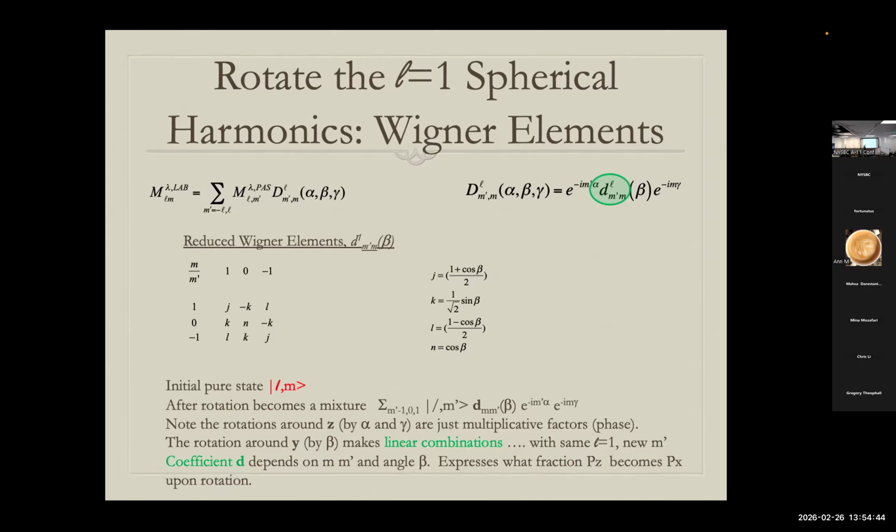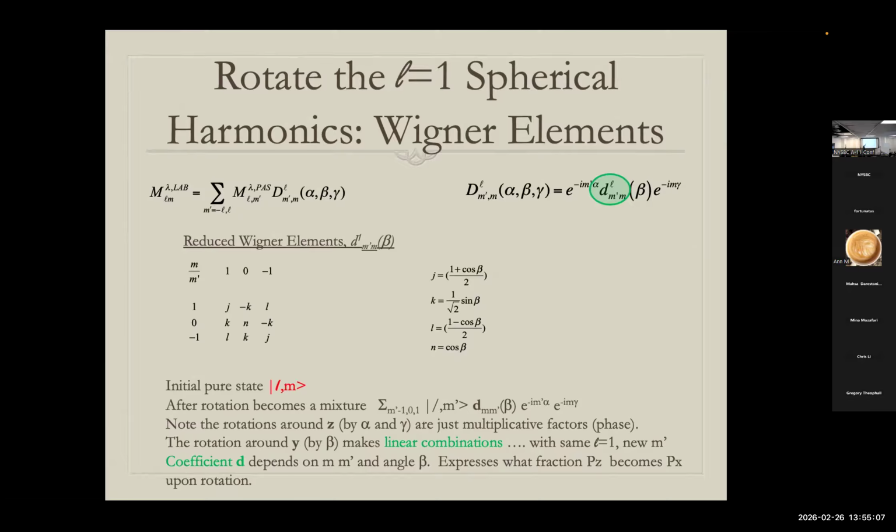Now, it could come from some other component in the PAS. And this is an equation that tells you how much of that component projects onto N equals 0, L equals 2. So what could end up as being 2, 0?